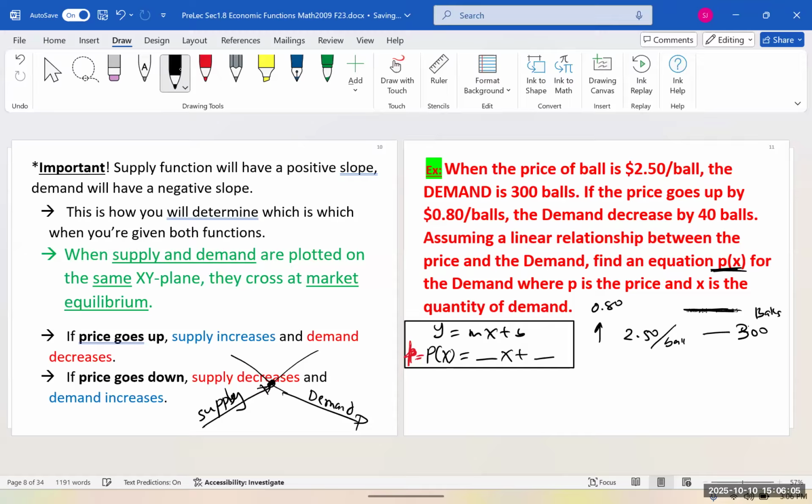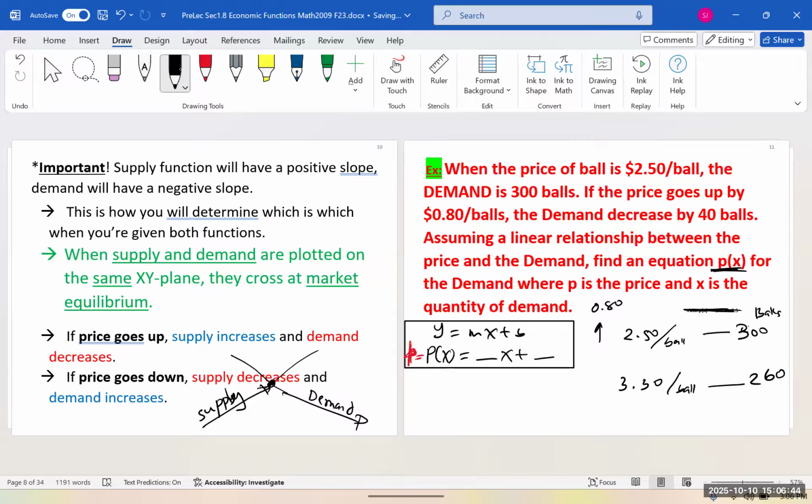Right now the price is $2.50 per ball, but the store increased the price 80 cents more. So now what's the price for the ball? $3.30. As a result, you're buying 40 less balls. So how many balls are you going to buy with $3.30? 260, 40 less.